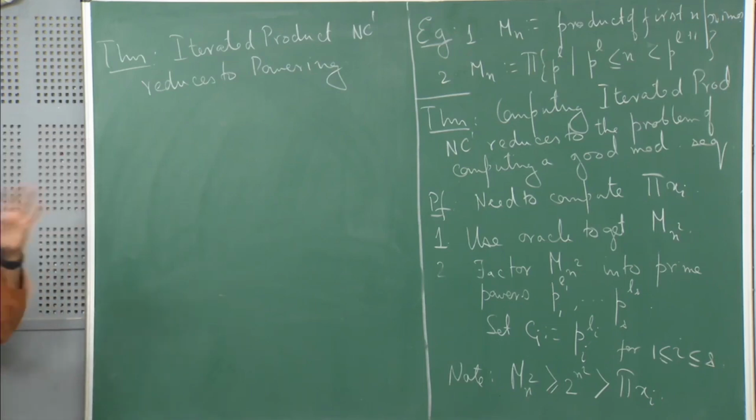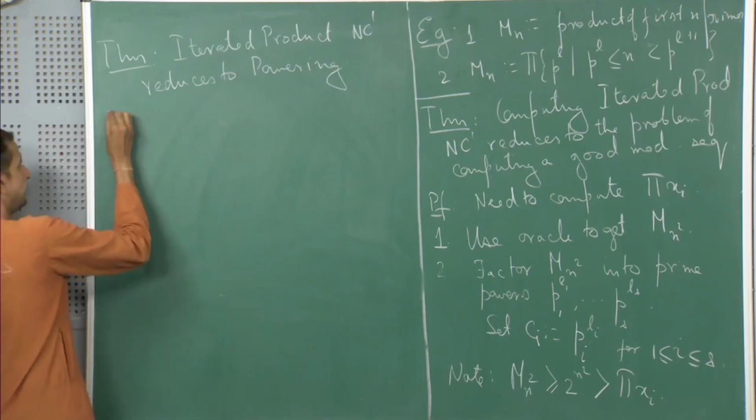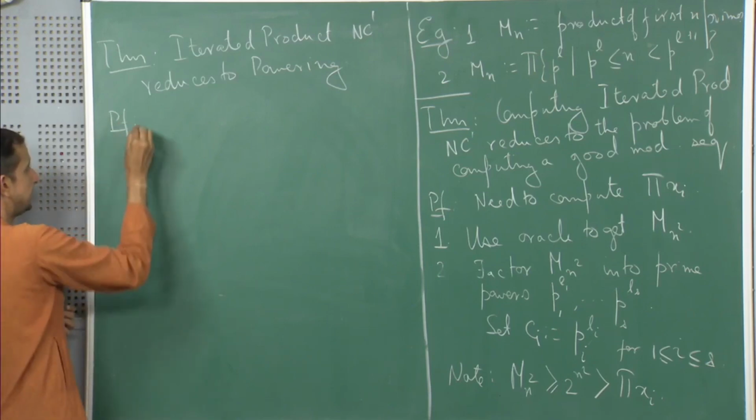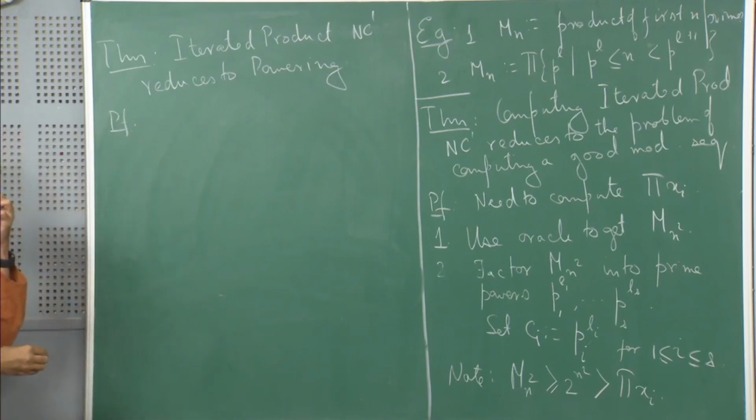So actually these 3 problems are NC1 equivalent, all 3 of them, and this is actually not very difficult. I mean, some 2-3 small ingredients. So what is the iterated product problem? We want to compute the product of these xi's.